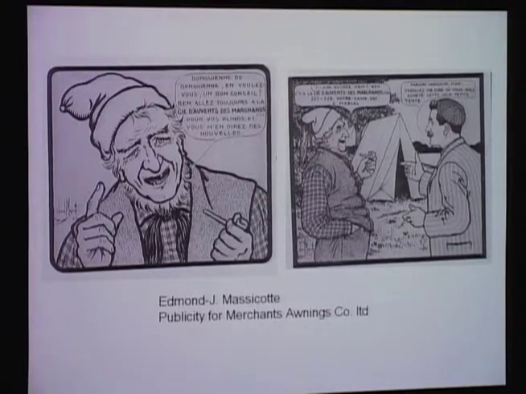And Massicotte on this doesn't make any concession. He really reflected it completely. In the other one, he even opposed the language of a fancy guy from the city who asked this old man, pardon, monsieur, mais veuillez me dire où vous avez acheté cette jolie petite tente.